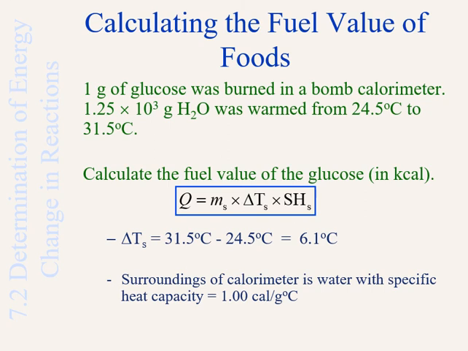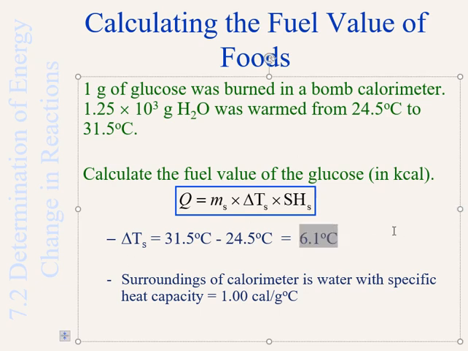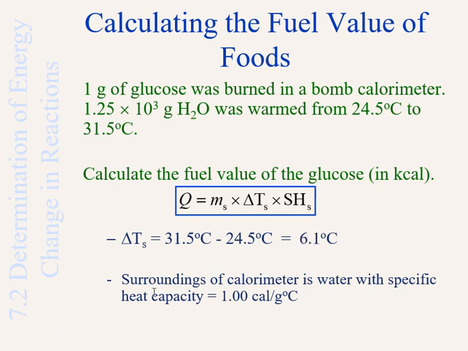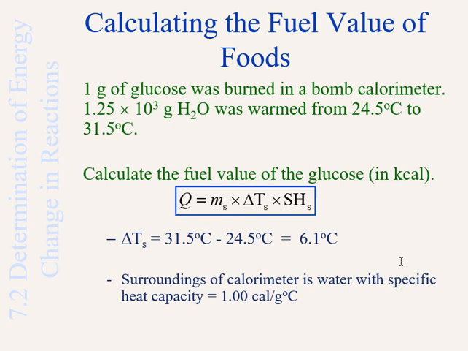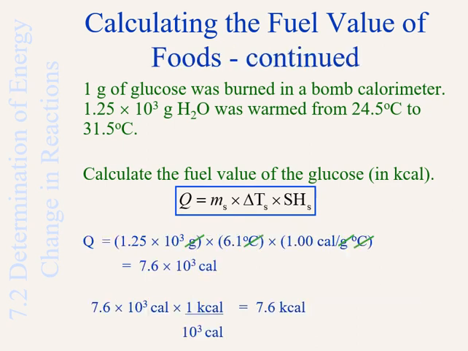1 gram of glucose, how many calories does it contain? For those of us who are counting our calories, we are learning here how those calories are counted. The temperature went up by 6.1 degrees, final minus initial, and here we are using the specific heat of water, because it's water which ultimately absorbs the heat, as 1.00 calories per gram degree Celsius.